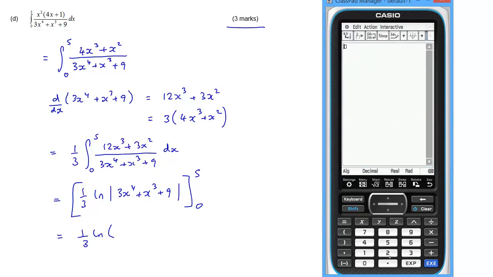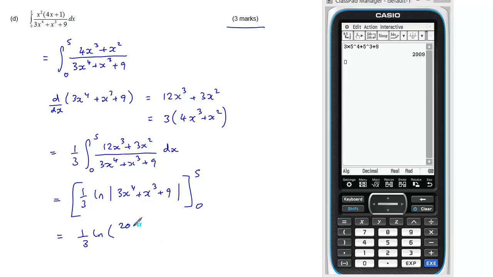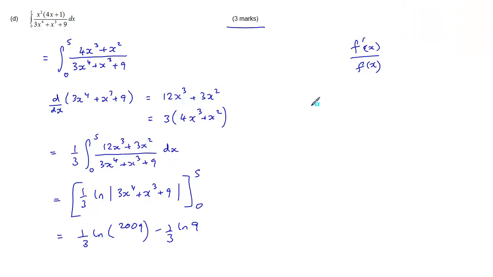So 3 times 5 to the 4, add 5 cubed, add 9 is 2009, and then if we put 0 in there, that is 1/3 ln 9, and we could write that neatly as 1/3 ln 2009 divided by 9, or you could give a calculator answer.